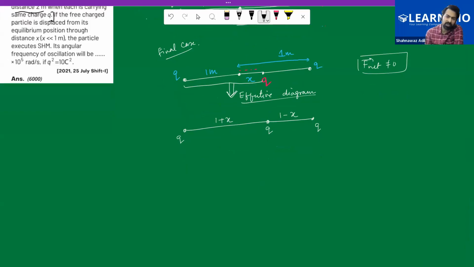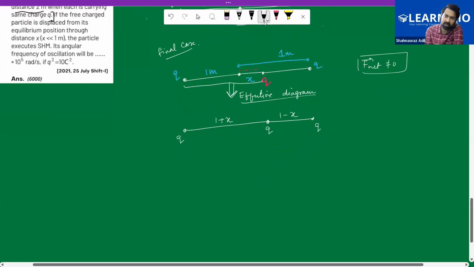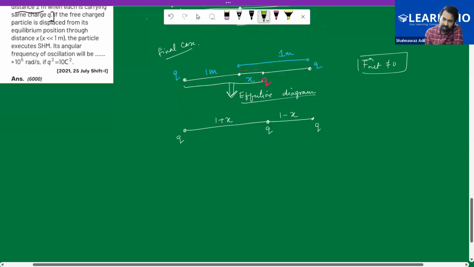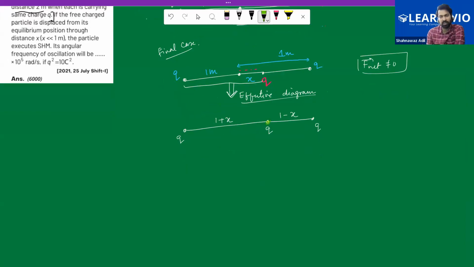So how many contributions would be there at this point? How many forces would be there? 2 forces, right? One would be due to this one, and the other one would be due to this one, right? So let's count this one, and let's say that at this point that is F1.